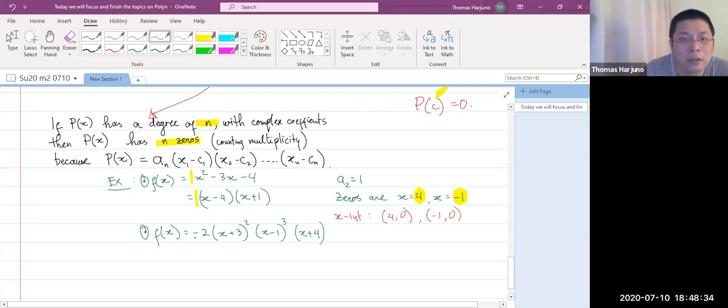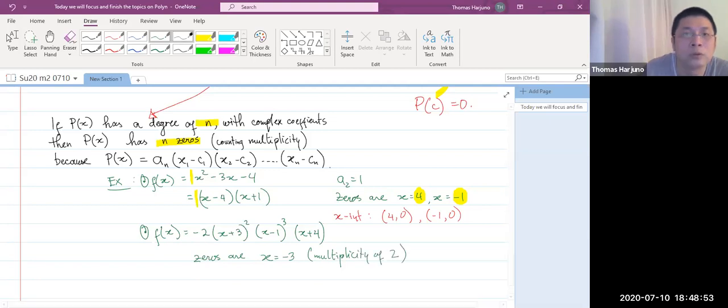Now then, the zeros are x equals negative 3 with multiplicity of 2, because it happens twice there. Now you will see the contribution of this multiplicity. What this multiplicity will do later on is help us in deciding the sign graph.